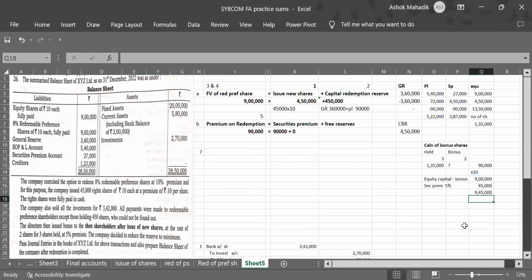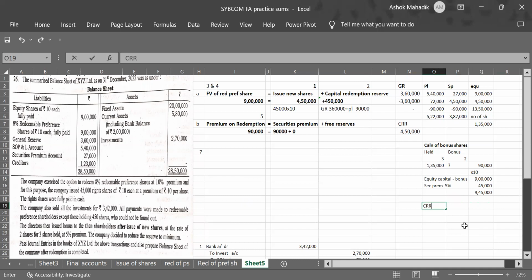We will need 9 lakh 45,000 in reserves to give bonus shares. Now we have to decide from where we will use this. To give bonus shares, we can use CRR, which we created while redeeming the preference shares. We can use security premium and we can use PNL also. Understood? So we'll follow this order only.